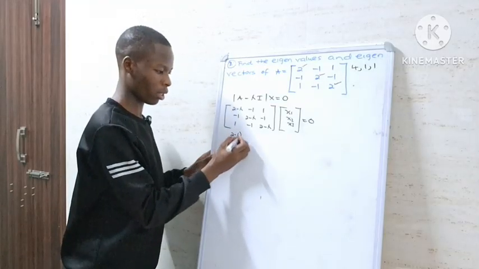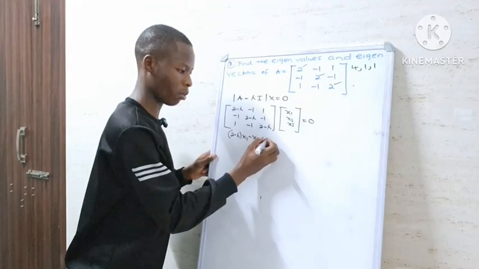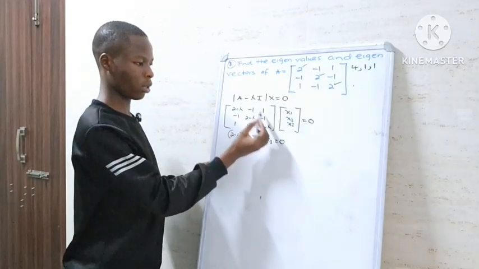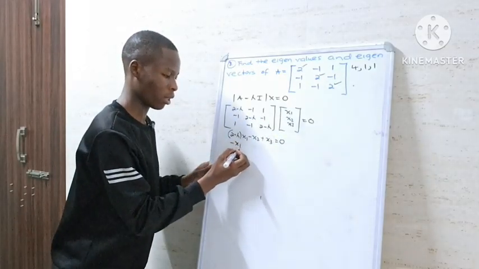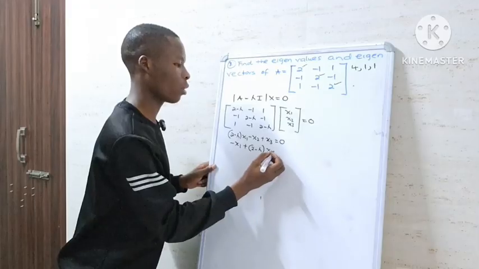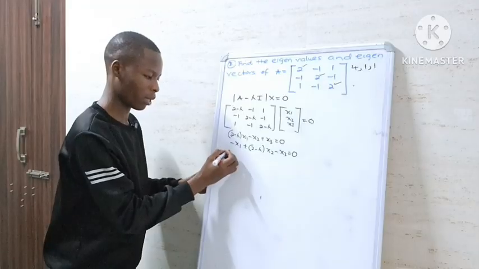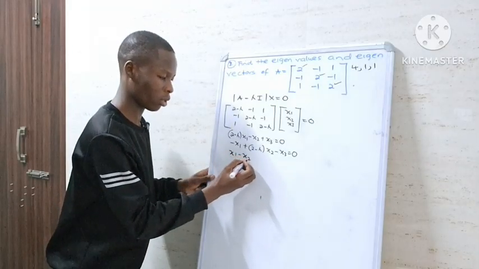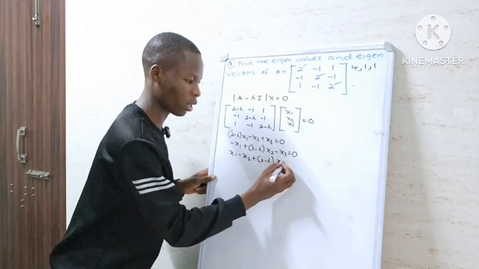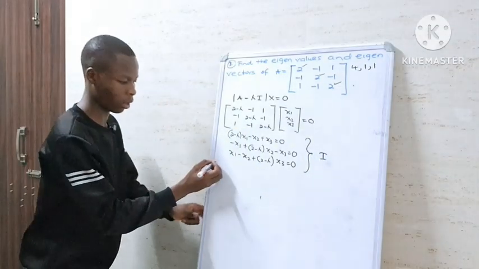This becomes (2 minus lambda) x1 minus x2 plus x3 is equal to 0. This becomes minus x1 plus (2 minus lambda) x2 minus x3 is equal to 0. This becomes x1 minus x2 plus (2 minus lambda) x3 is equal to 0. This is equation 1.